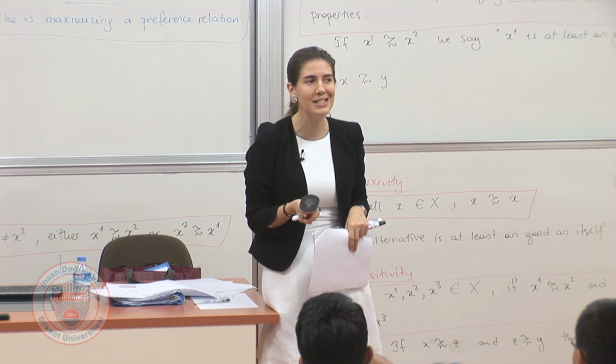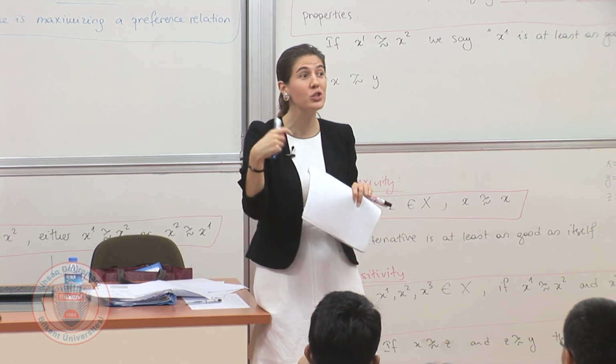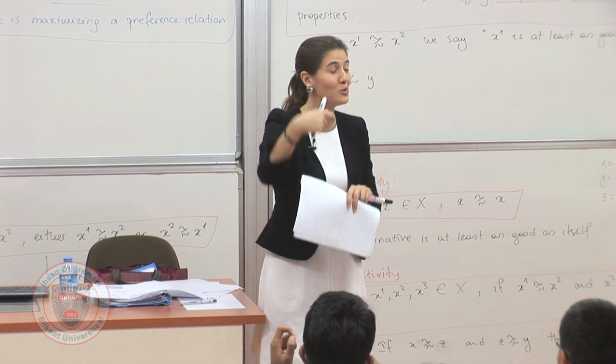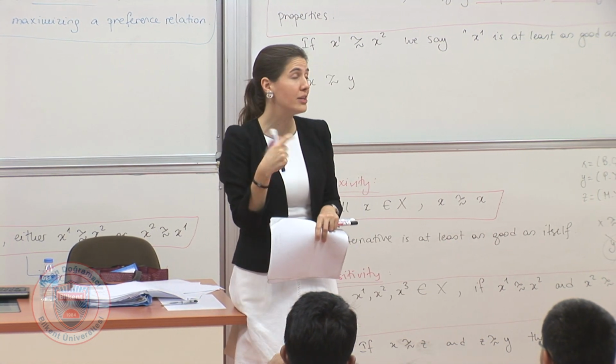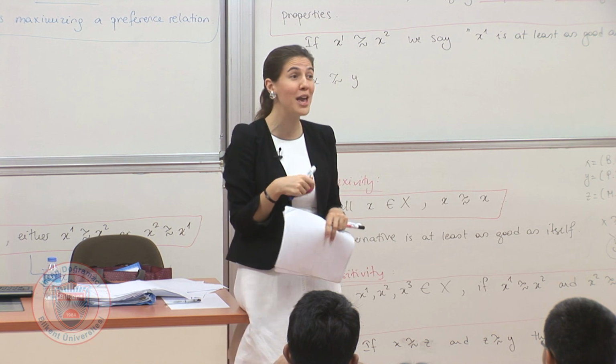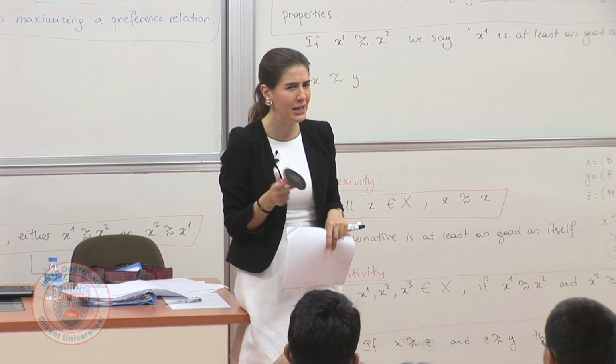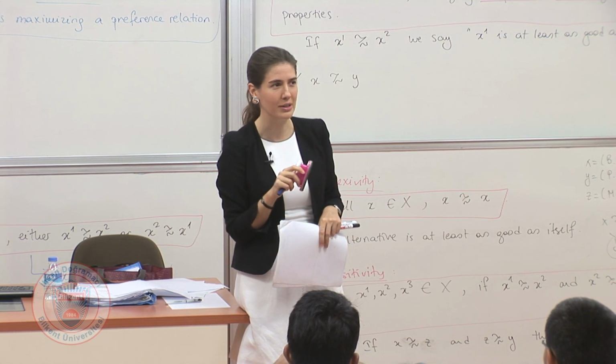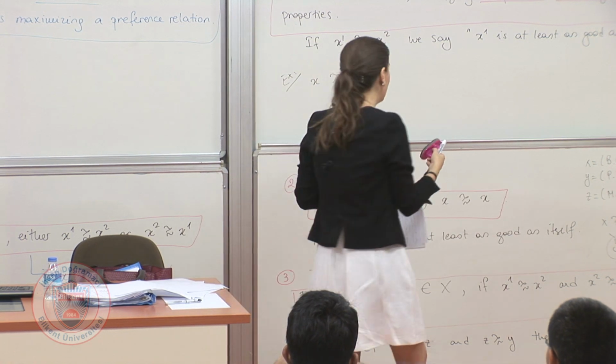But the issue is that, remember I said that we would like to use functions, we would like to use math, and not only would we like to use functions, we would like to be able to differentiate them, right? So that's why we need continuity, okay? So that's basically why we need it.